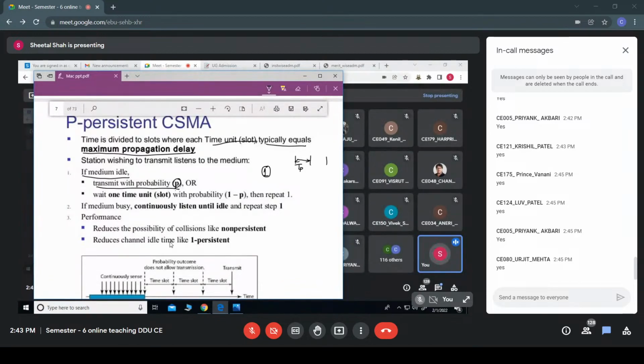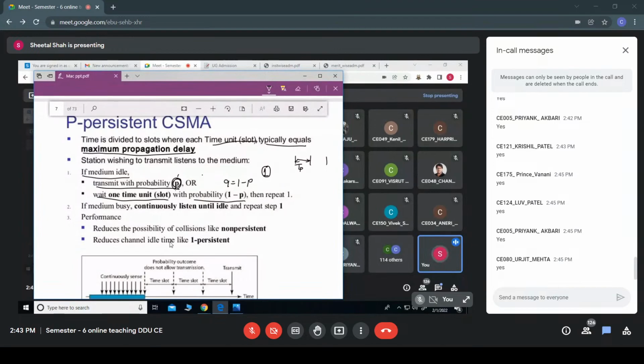Whereas in P-persistent CSMA, with the probability P the station would transmit, or it would defer, or wait for a certain period of time. Wait one time unit, and it would defer by 1 minus P. That means Q is equal to 1 minus P.